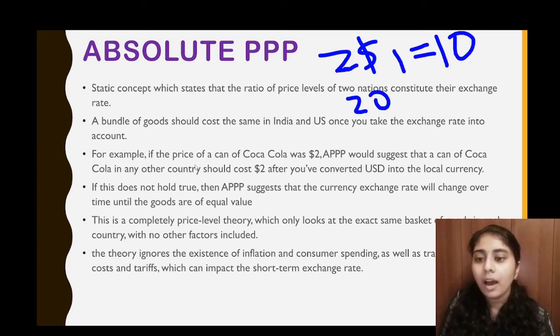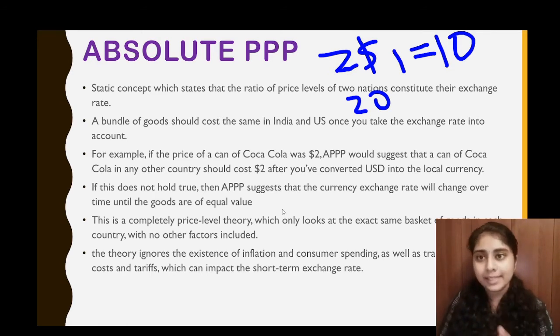That is, if we purchase a can of Coca-Cola at $2, then absolute purchasing power parity suggests that the can of Coca-Cola in any other country should cost $2 after you have converted the USD into local currency. If this does not hold true, then APPP suggests that the currency exchange rate will change over time until the goods are of equal value.